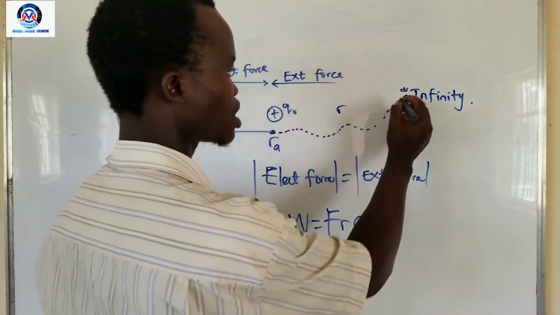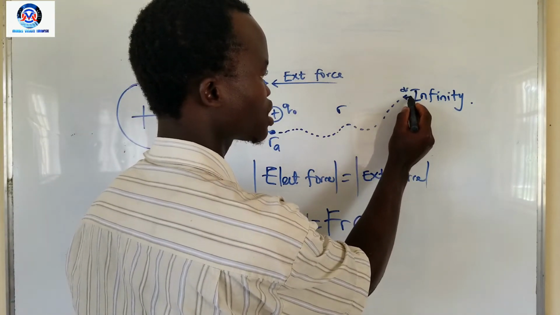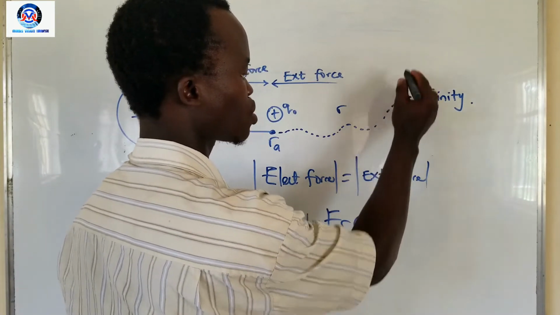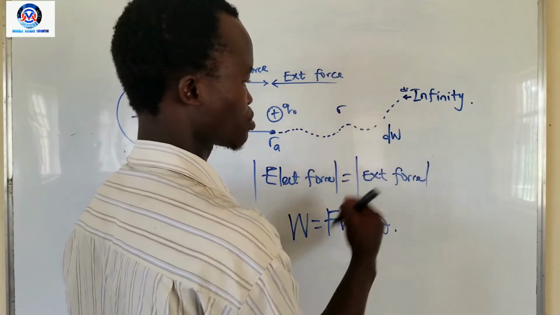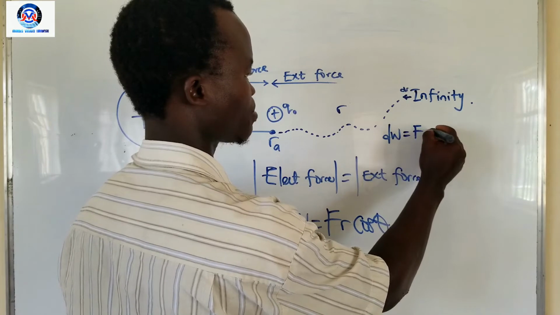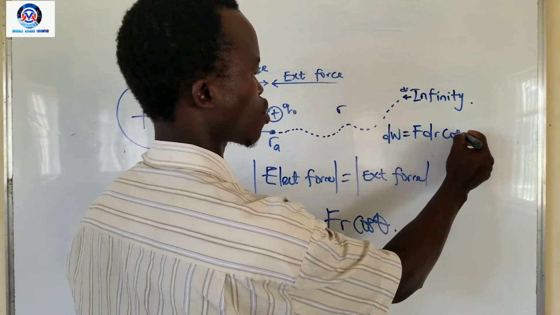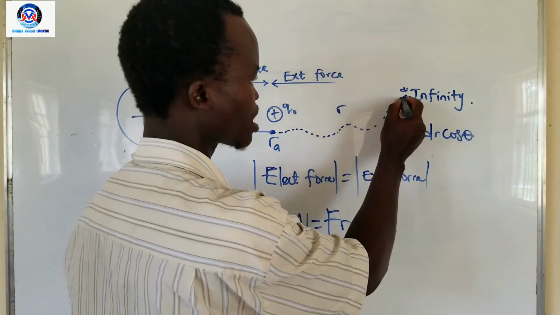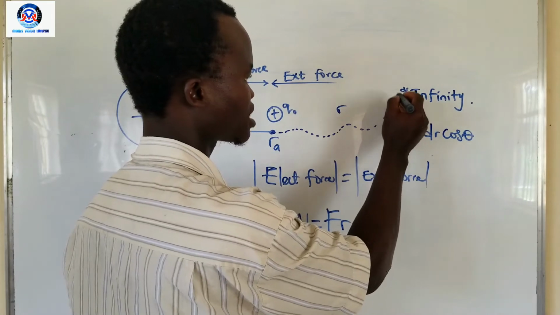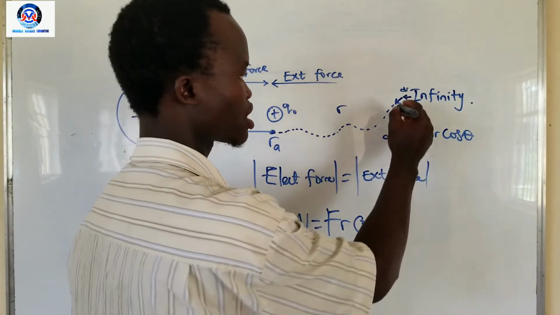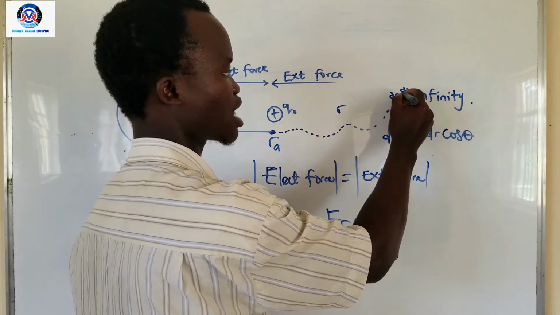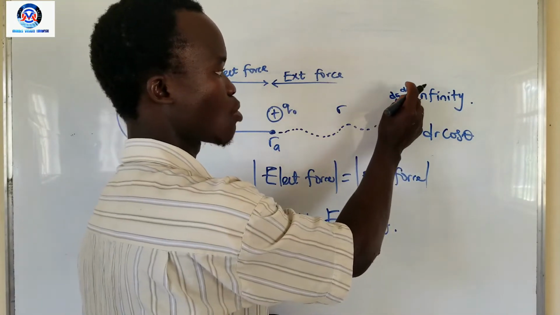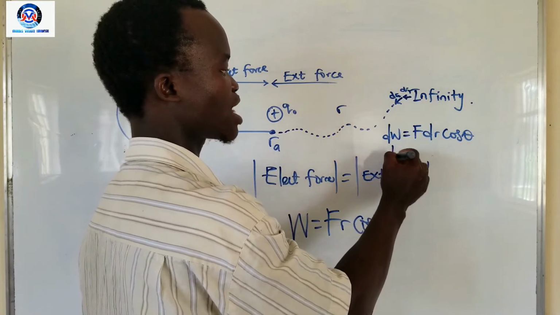We are going to calculate the work done on this small part, and the work done here is called dW. And the dW, which is the small work, will be the force multiplied by the small distance times cos theta. Then from here to here also, we are going to find another small work done. If this is R1, this is R2, so we are going to have another dW here.